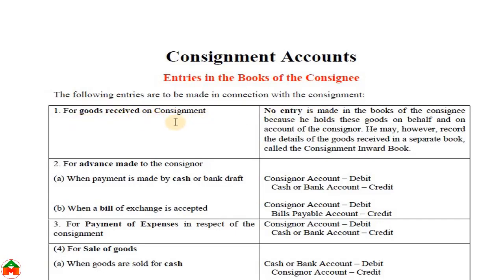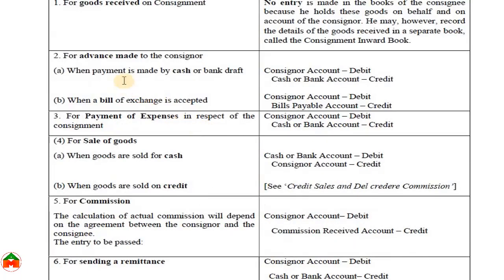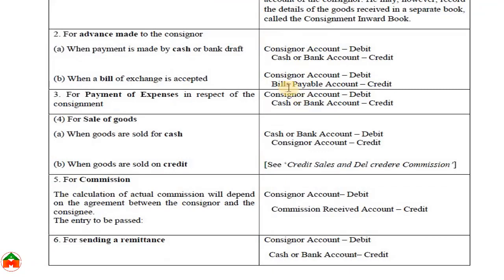Then we can see after receiving the goods, if the consignee pays any advance payment to the consignor, then this journal could be given.